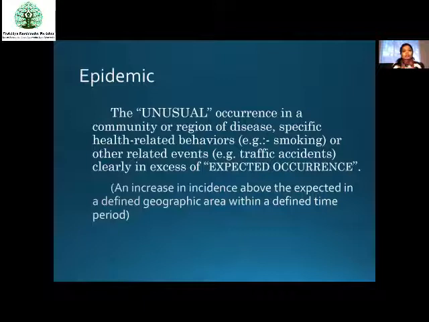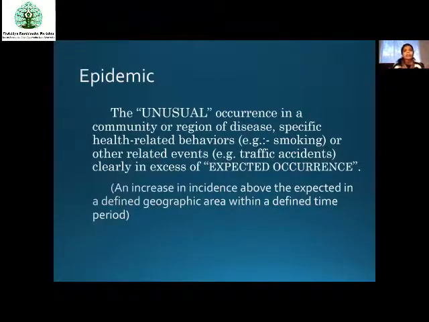Okay, so for example, say 1,000 people suffer from malaria every year in a particular district. And suddenly this year the malaria cases are 10,000. So it is clearly excess, right?